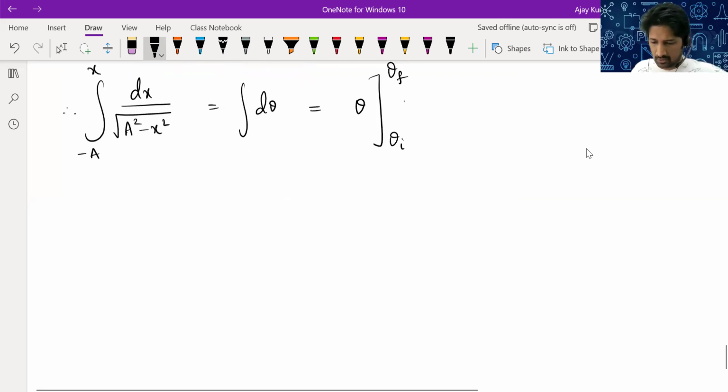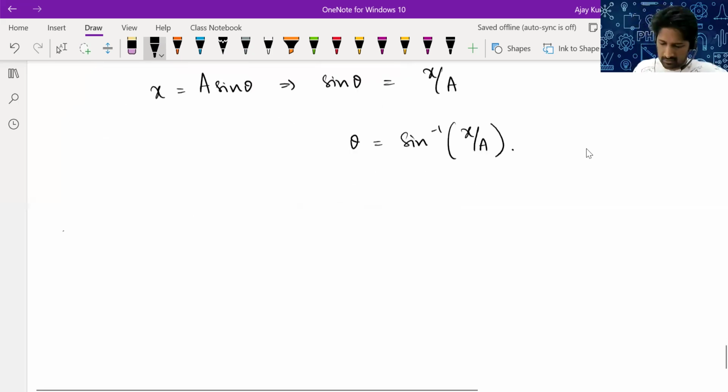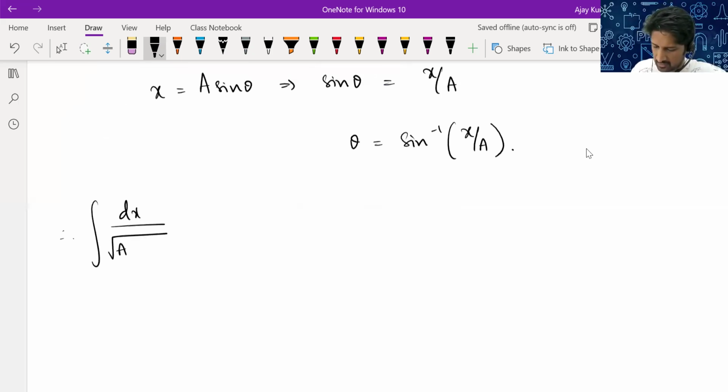Now, to integrate this, we had used the substitution x is equal to a sine theta. So you can say sine theta is x by a, or theta is sine inverse of x by a. Therefore, the integral of the left hand side, integral dx by under root a square minus x square, is effectively sine inverse of x by a.